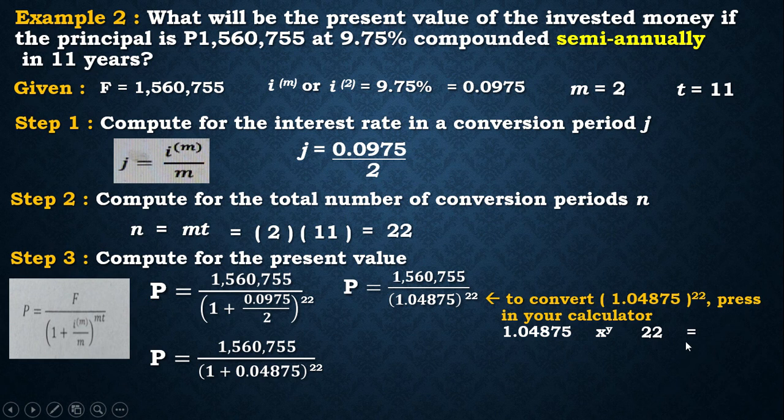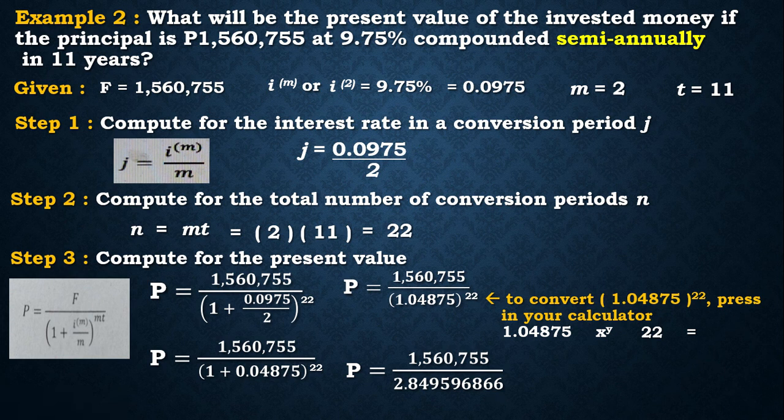Tapos equal sign. Kapag pinindot po nyo itong apat na to, ito po ang mangyayari sa denominator na yon. Ito po ay na-convert natin at ito po ang lumabas. 2.849596866. So again, paano nakuha po ito? Ito po ang pinindot natin sa calculator para ma-convert ito.